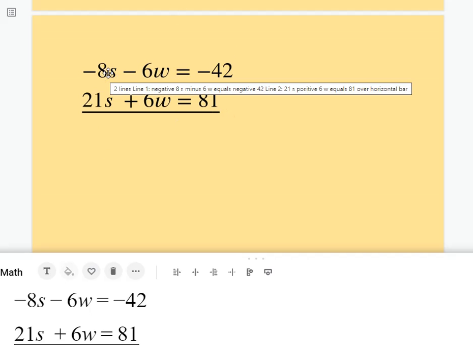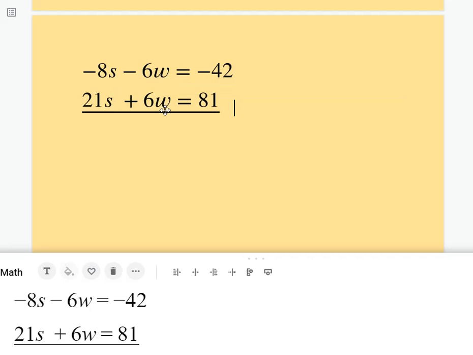We'll add s to s, w to w, then the number to number. So after you do that, what do you get? You get minus 8s plus 21s. Basically, you're subtracting 8 from 21, right? You just have to visualize it. So you get 13s. Sorry, I have to use the editor.